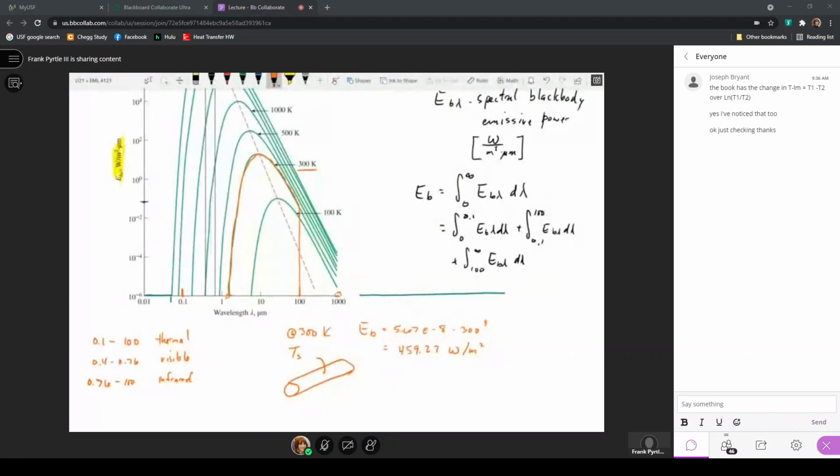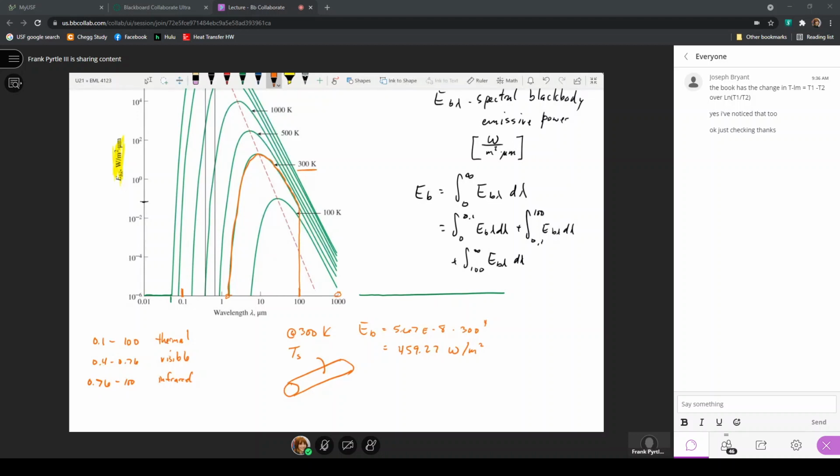So what that says is, if I turned off the light, I would not be able to see this rod because it's not emitting any energy in the visible light range. And so I would have to use an infrared camera to actually see this cylinder that's behaving as a black body and emitting its energy at 300 Kelvin.